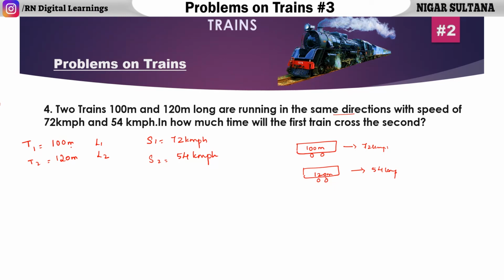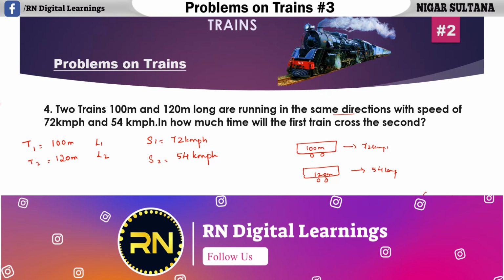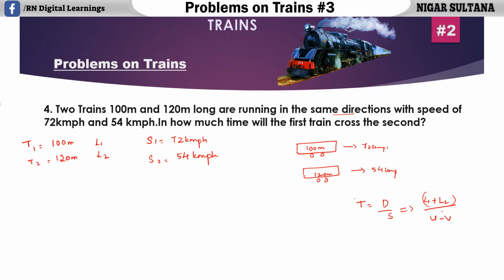How will you convert? First we need to find time taken is equals to distance divided by speed. We know that this is L1 plus L2 is our distance divided by speed. How will you calculate the speed? U minus V, right? Now we need to subtract the speed.